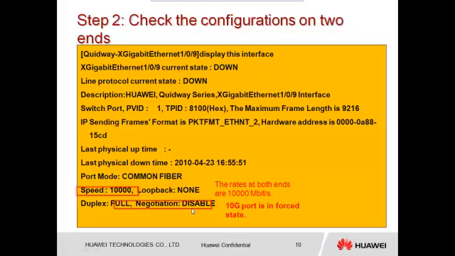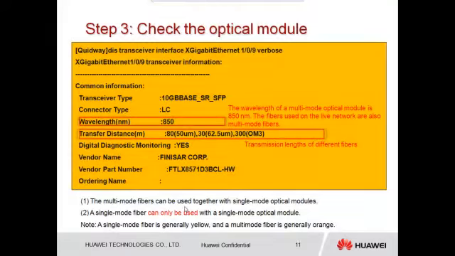Here we should know that for Huawei, the 10 gigabit port's default state is negotiation disabled, and for other vendors, the negotiation mode is enabled. Okay, next, step 3, we need to check the optical module.